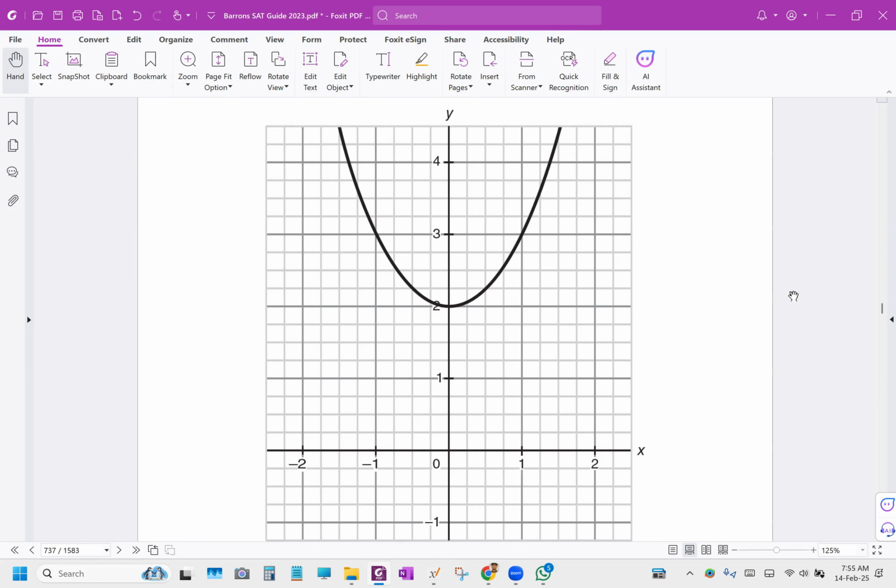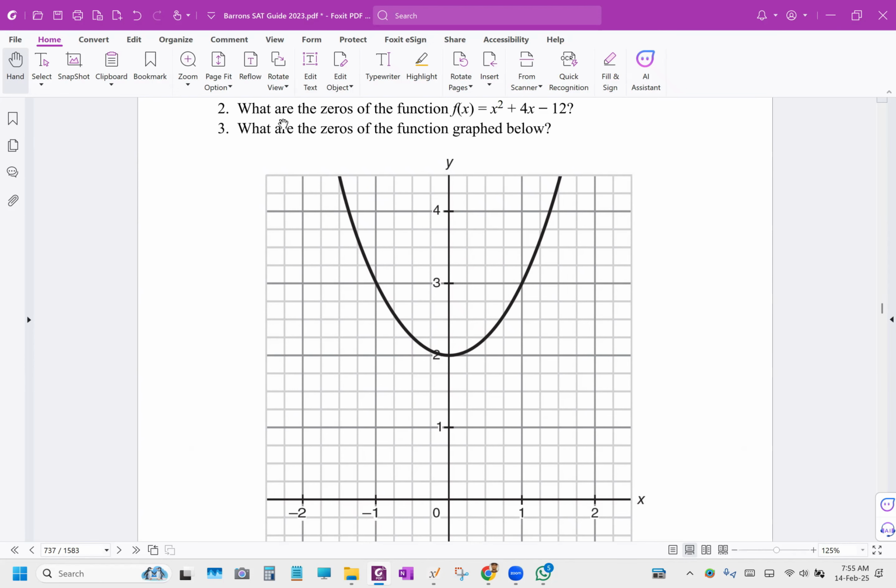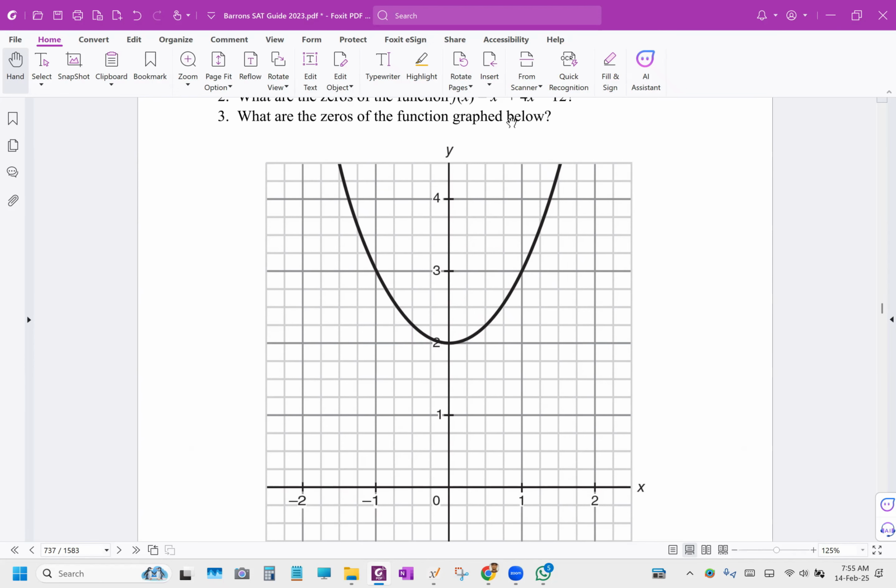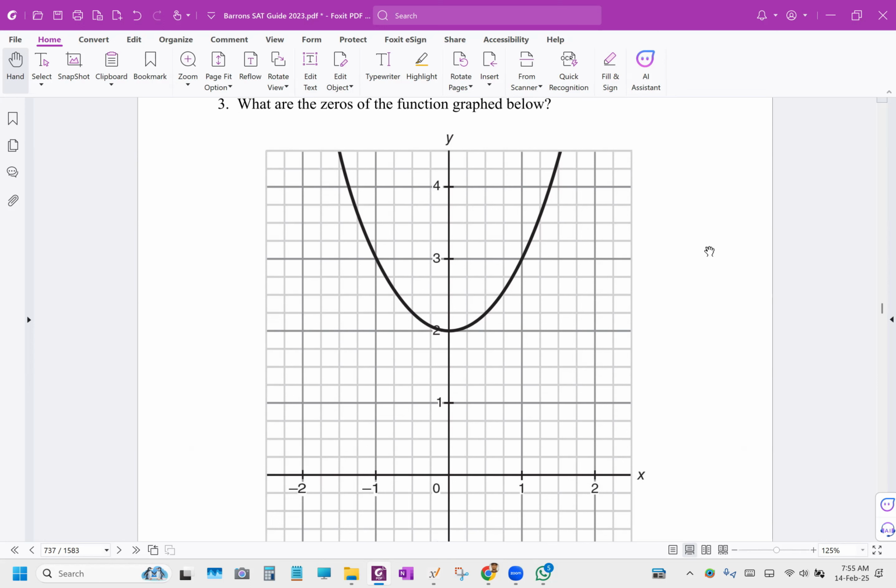Oh wait, sorry. The zeros would be infinity, right? Or they're just asking us what are the zeros of the function graphed below. 0, -2? 0, -3. Okay.